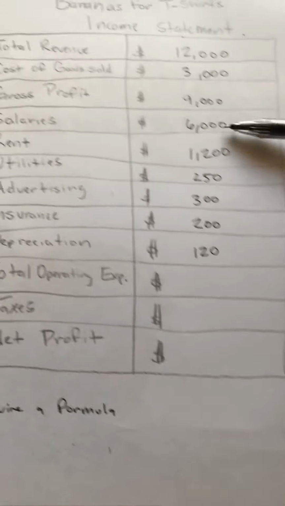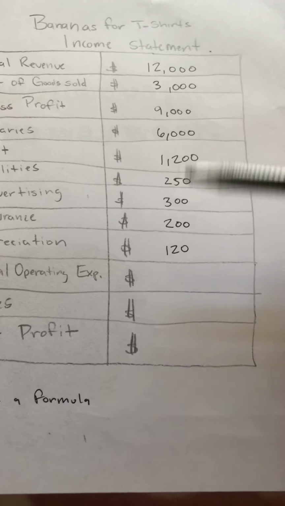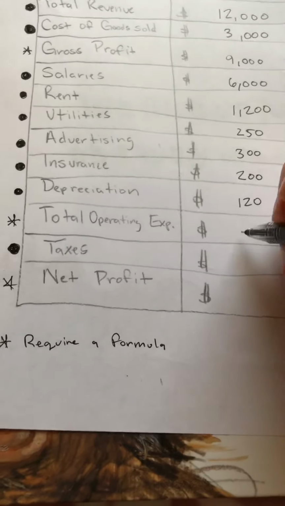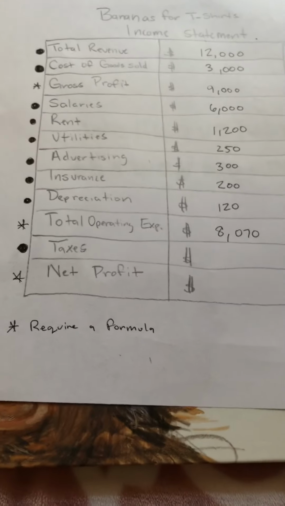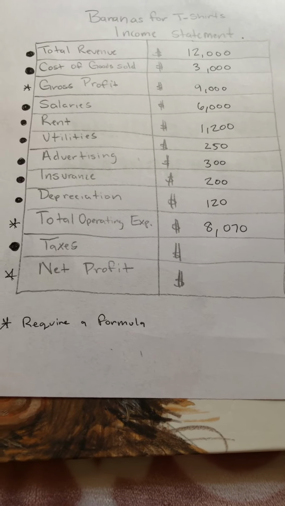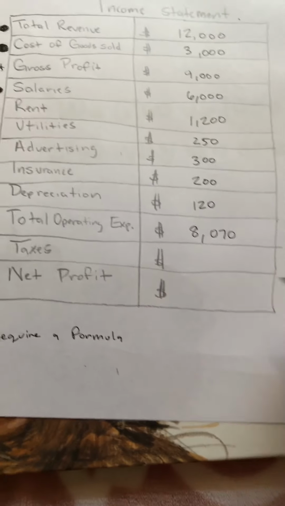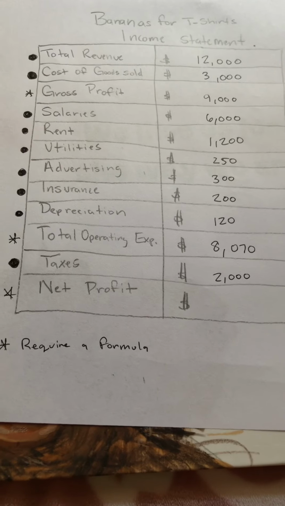So salaries plus rent plus utilities plus advertising plus insurance plus depreciation. So that is going to give us $8,070. So that is our total operating expenses. Taxes, they gave that to us. Taxes is $2,000 a month.